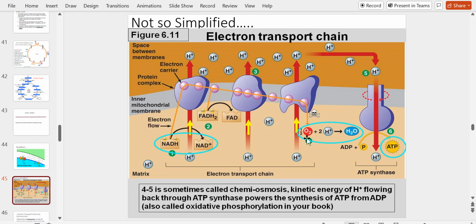But that's only half the battle. All those hydrogens that were pumped out into the space in between the mitochondria membranes, remember there's so many of them in here. Because there are so many, they flow through this enzyme called ATP synthase. This is the molecule that makes ATP.